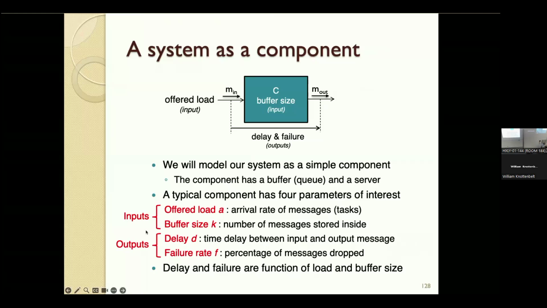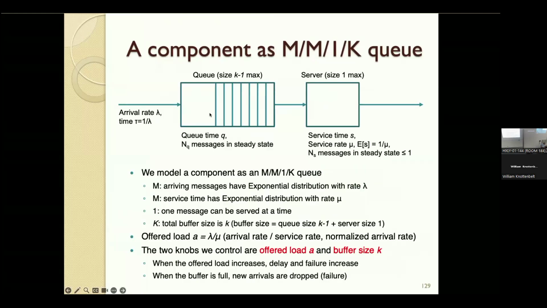Okay, so to be more precise, here is what's called an MM1K queue. In queuing theory there are many different kinds of queues, depending on how the servers and things are handled. MM1K means that the arriving messages are exponentially distributed with a rate lambda. Basically it means they're independent; the messages aren't really correlated with each other.